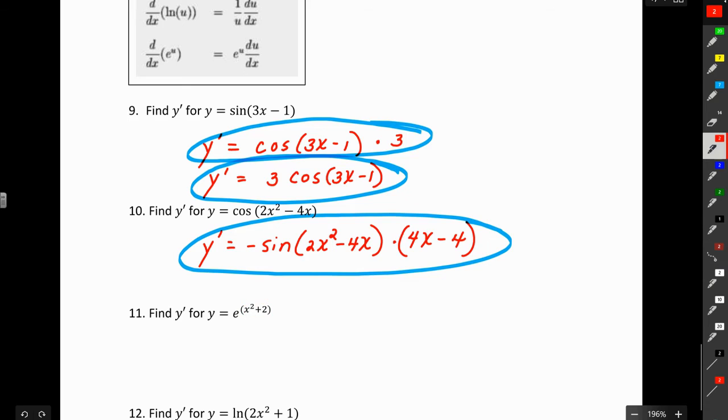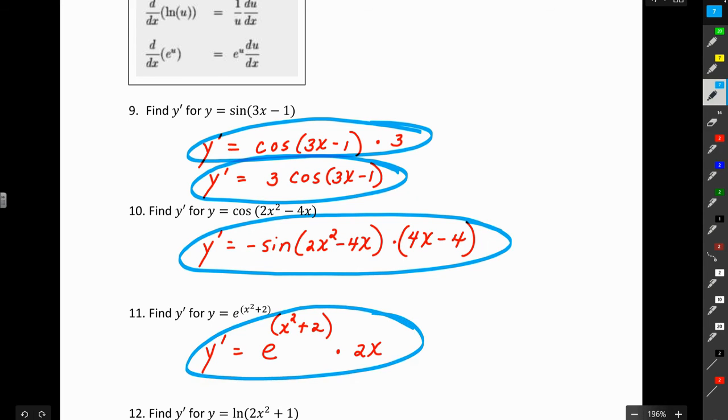Let's write that down. So y prime is equal to the derivative of the outside, that's just e to the x squared plus 2, nothing changes, times the derivative of the inside, which would be the derivative of x squared plus 2, so times 2x. And that's it for number 11.